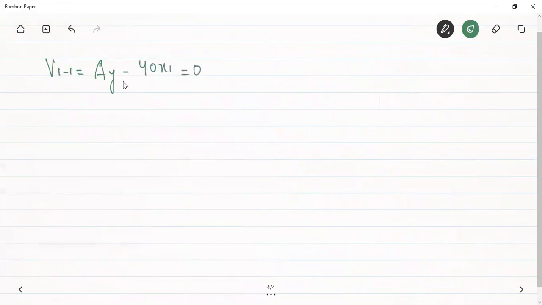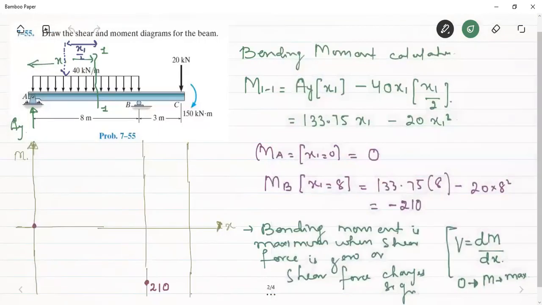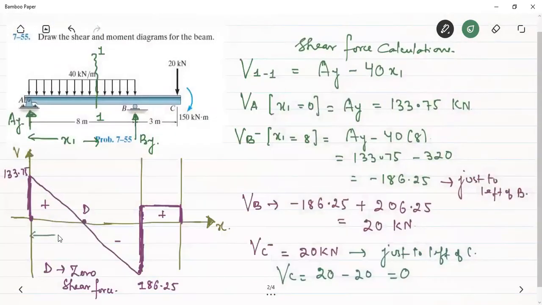If this is equal to 0, then we get that x1 is equal to Ay by 40, and this comes out to be 3.34 meters, which means that this distance will be equal to 3.34 meters.